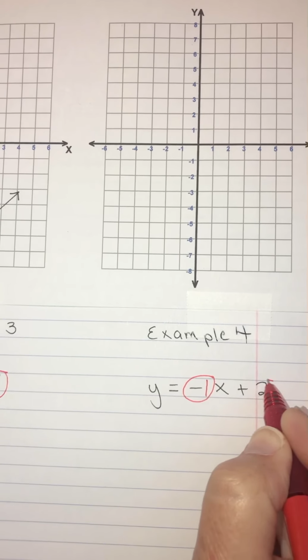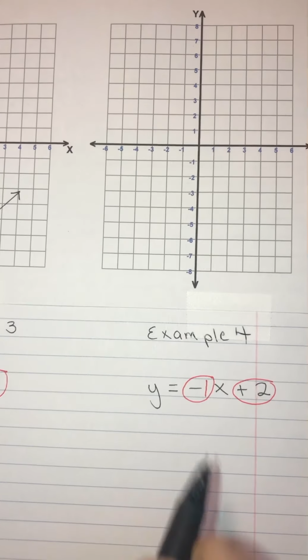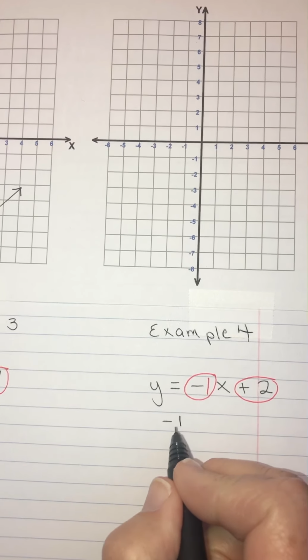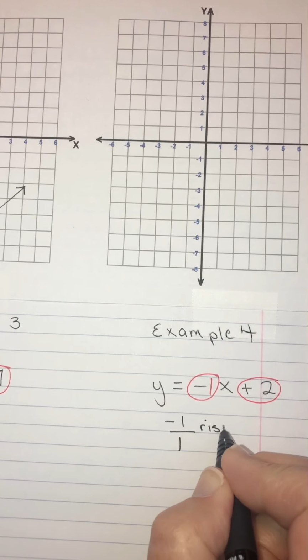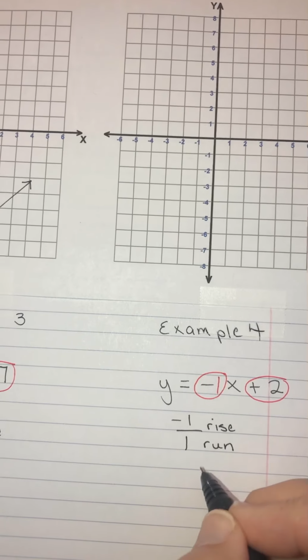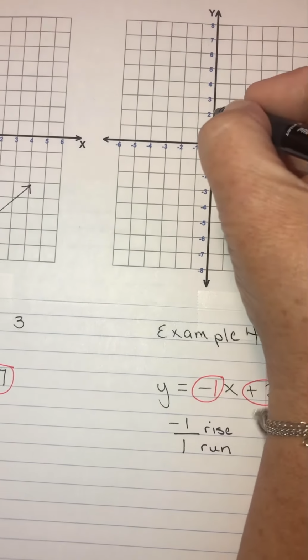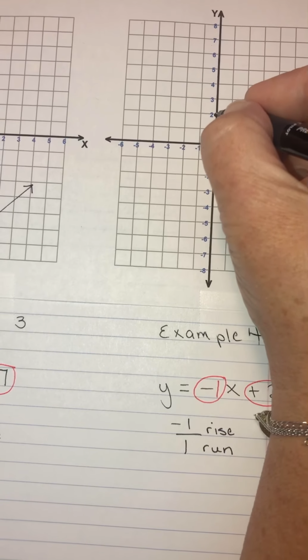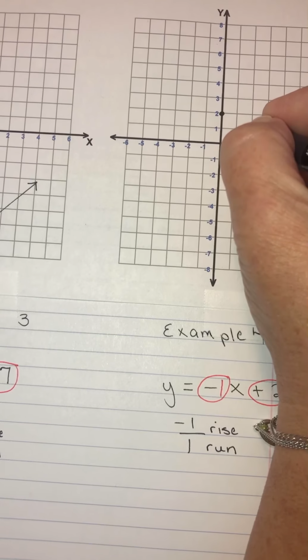My y-intercept, positive 2. So when I write my slope, I'm going to write it as -1 over 1. Rise over run. And again, we're not really rising in this one, we're falling. So we're going to go to +2, our y-intercept. And then I'm going to drop 1 and run 1.